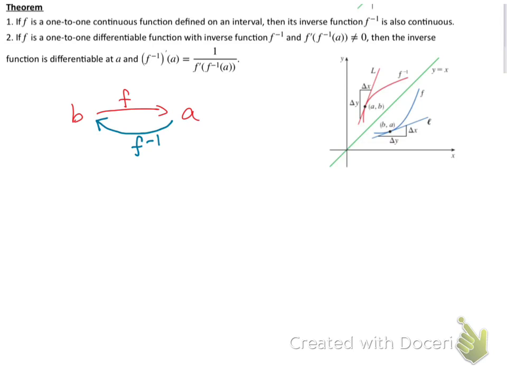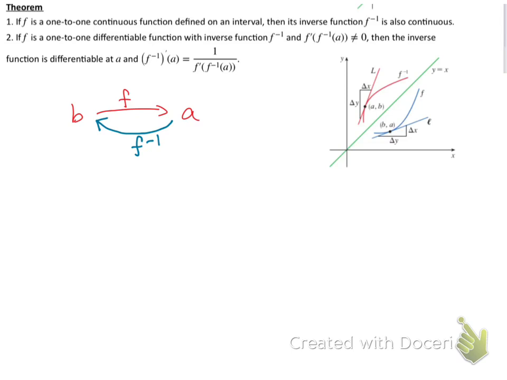What it says is, if the derivative at b is not 0, then if you want to compute the derivative of an inverse function, you can go back to where it came from with the original function, but at the end you flip it.